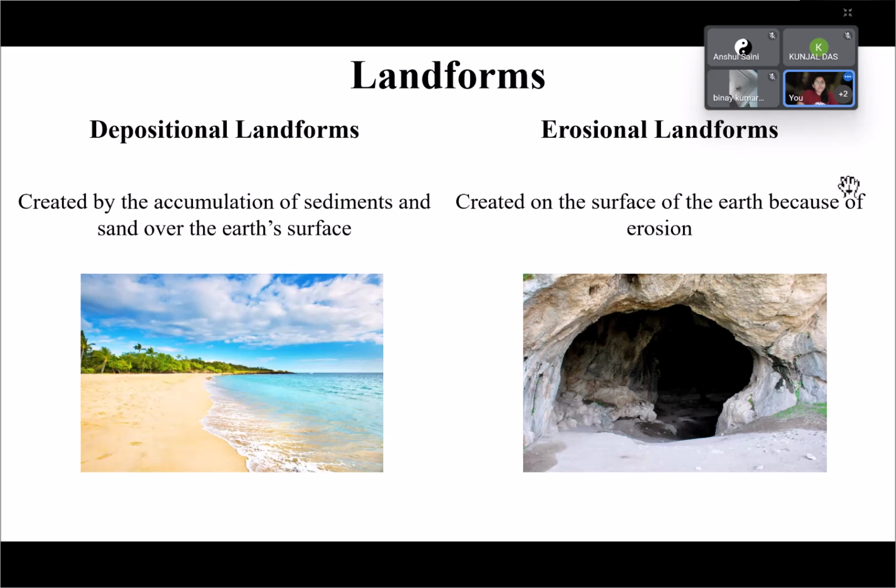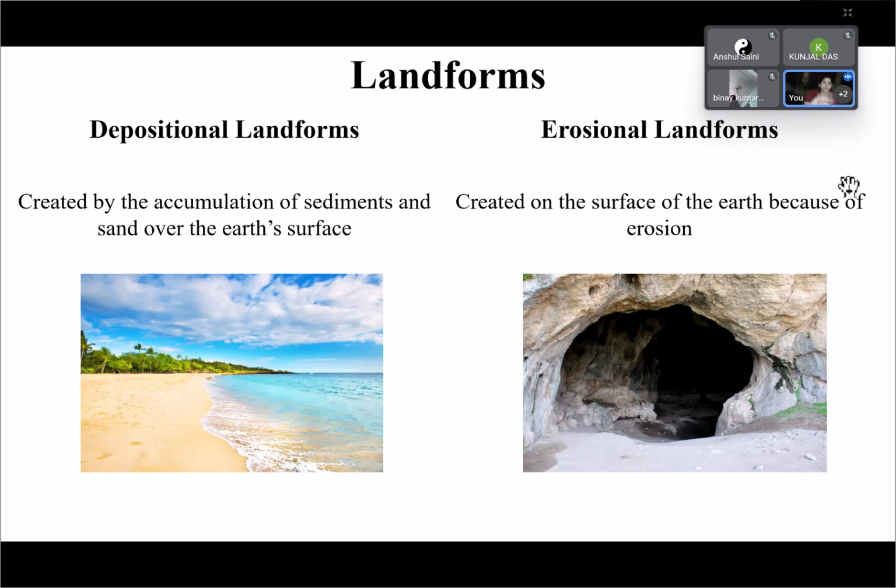And when you finally look into the landforms, which are the outcome of all these different processes, these landforms are also divided into two categories: depositional and erosional. Deposition is basically the accumulation of sediments, let's say. Erosion is removing, so forming a cave or forming a hole.